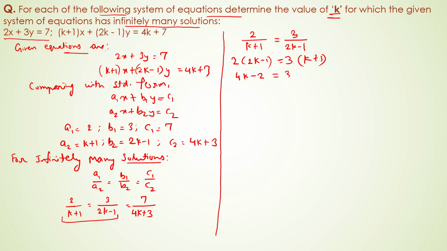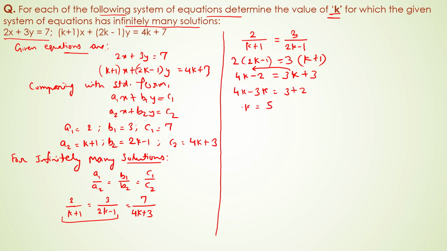So here we get 4k minus 2 equals 3k plus 3. Shifting 3k towards the left hand side, we get 4k minus 3k equals 3 plus 2.